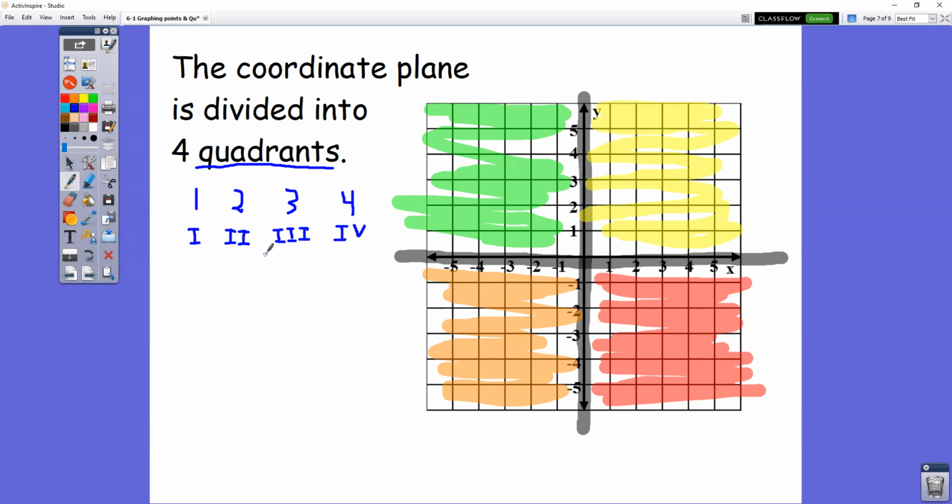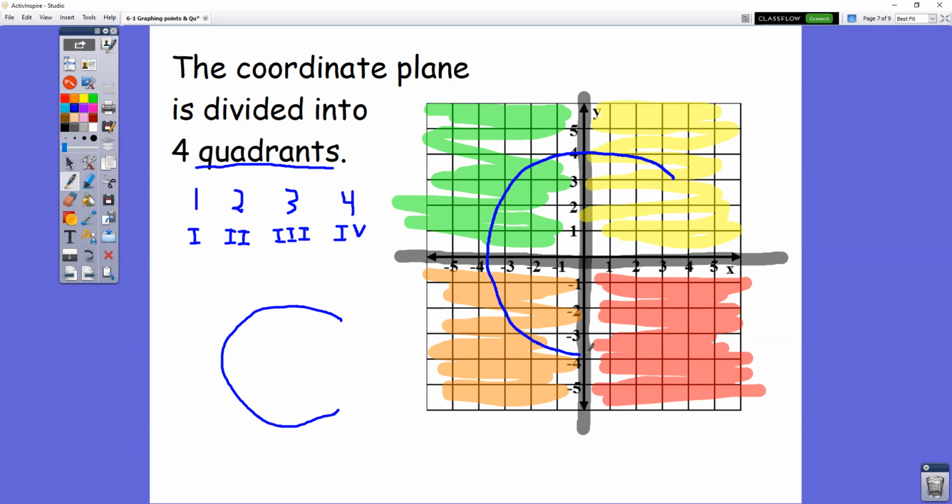Well, think about a gigantic letter C. If I was to take this gigantic letter C and do it so that it goes through each quadrant, we're going to start drawing that gigantic letter C right here in the yellow. We're going to start here and we're going to draw our letter C like this.